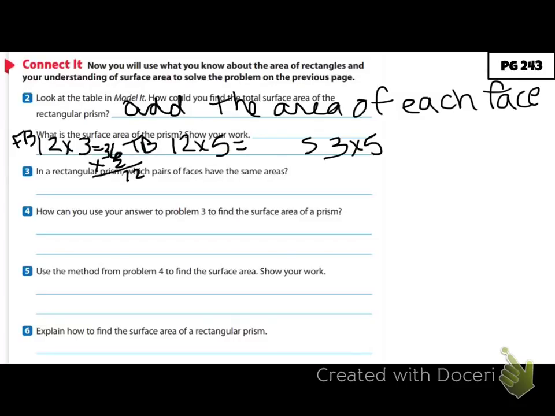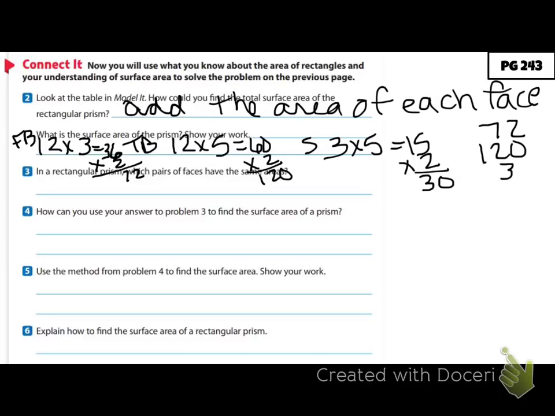I have 12 times 5, which is 60, but I have 2 of them, so that's 120. And then I have 3 times 5, which is 15, but I have 2 of them, so I multiply by 2, and that's 30. So I take 72 plus 120 plus 30. I get 222 square centimeters for my total.